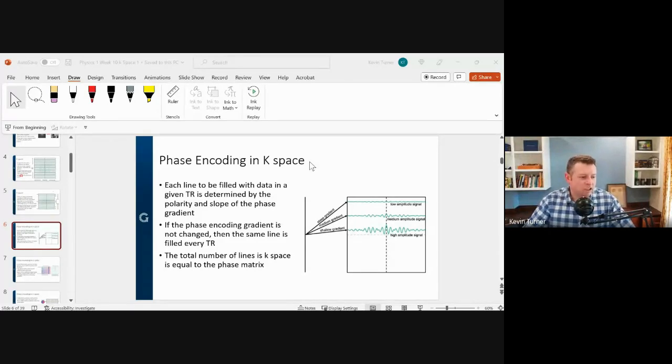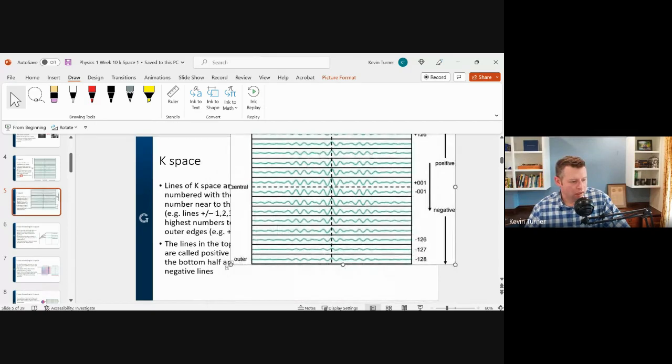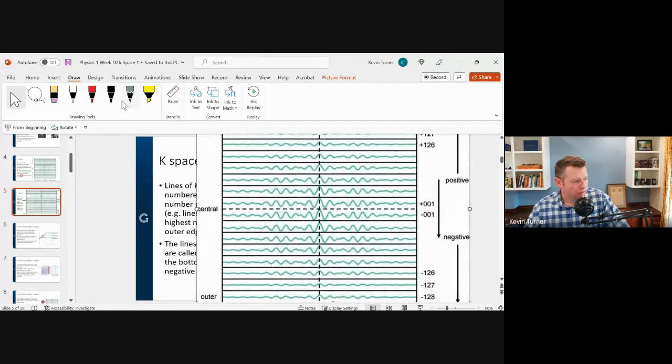Okay, so each line to be filled with data in a given TR is determined by the polarity and slope of the phase encoding gradient, right? Because the polarity tells us whether we're in the top half of K-space or the bottom half, positive and negative, right? If we look at the two middlemost echoes, we can see that these echoes are the exact same. They have the same height and peak of their echoes here.